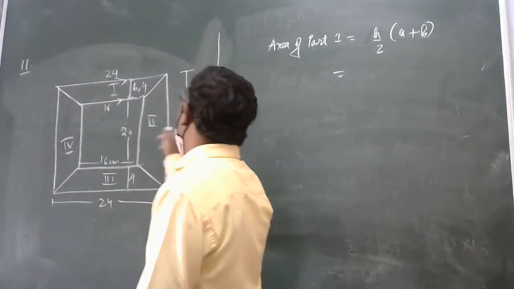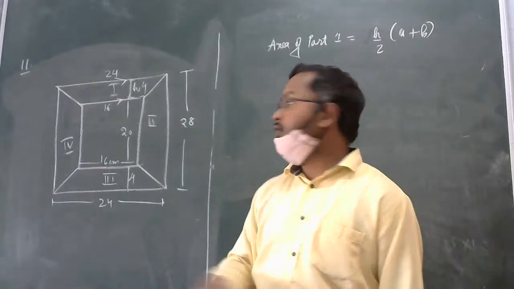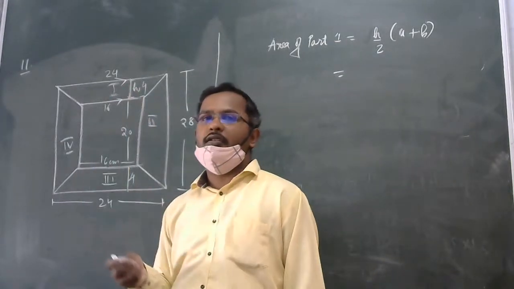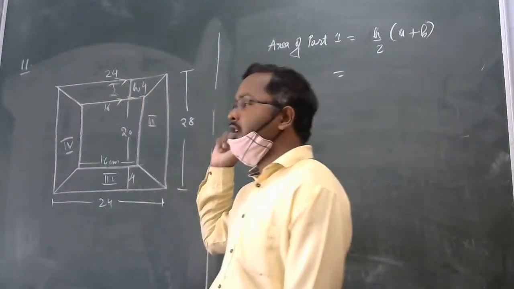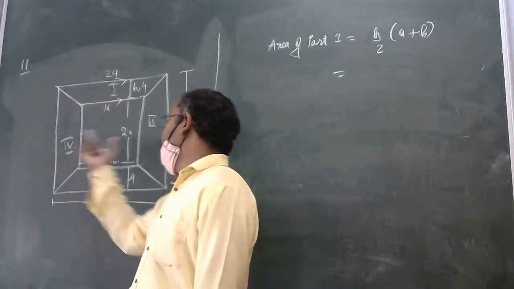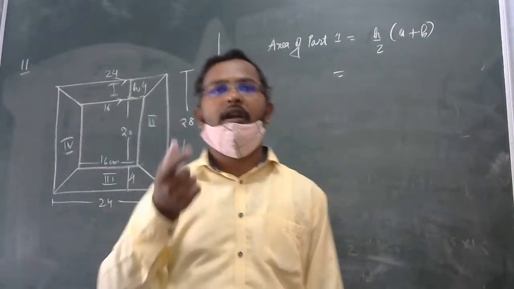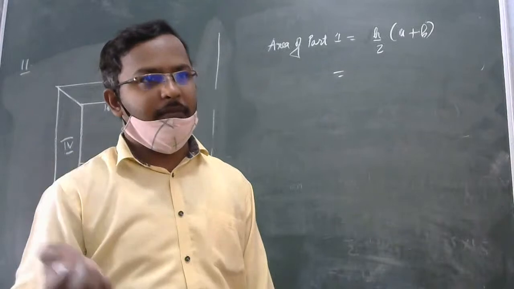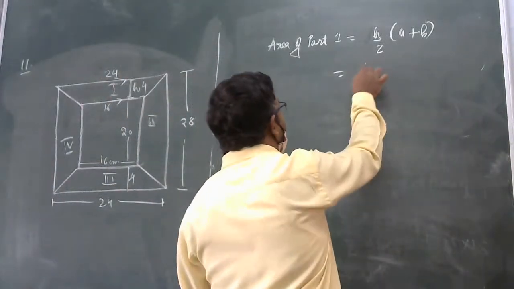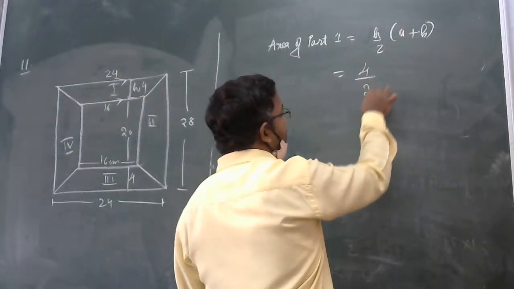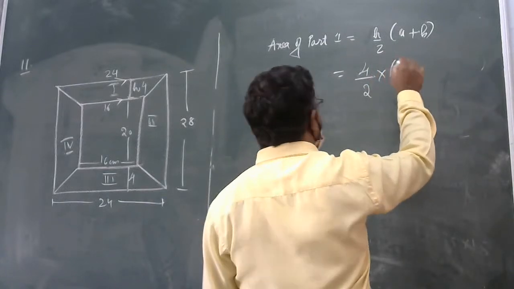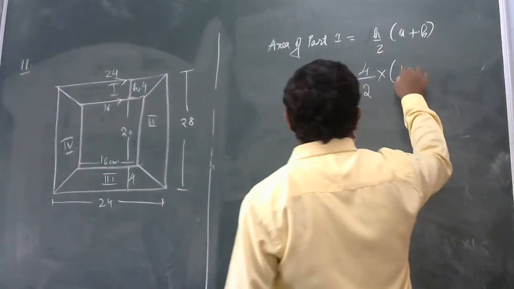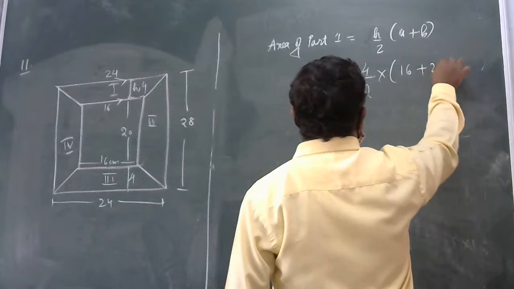Now if you add, you will get the total as 28. So this height will be how much? 4. Because in the question itself they have told us that all widths are the same. That means all heights, whatever they are, are the same. So the area is height 4 into half of a plus b. What are the values of a and b? 16 plus 24.